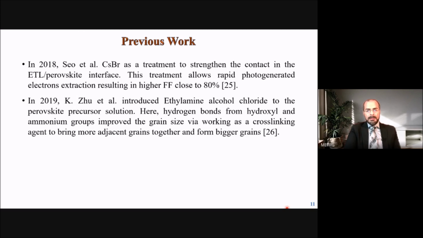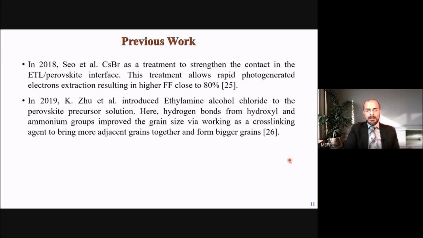A year after that, a group led by ZA introduced ethylamino alcohol chloride to the perovskite precursor. The goal of this is using the hydroxyl group and the amino groups to improve the grain size via a cross-linking agent.